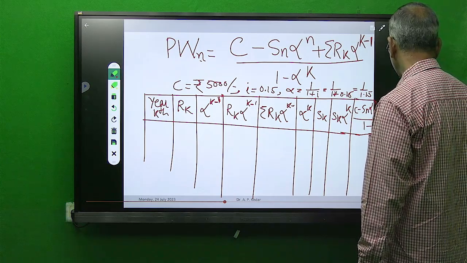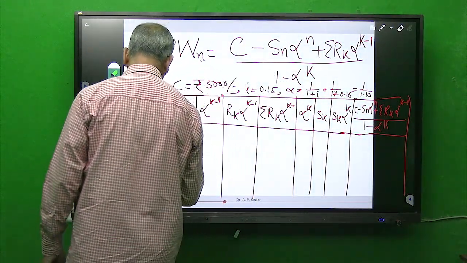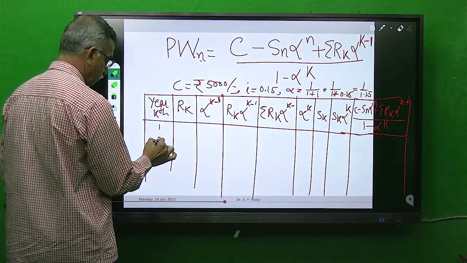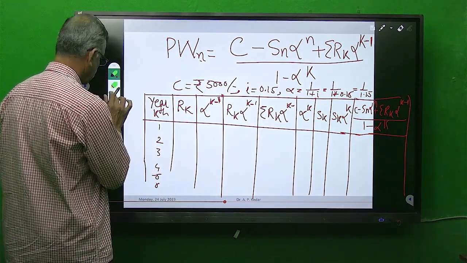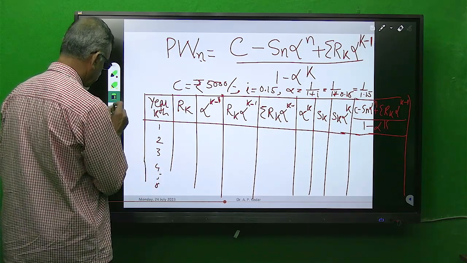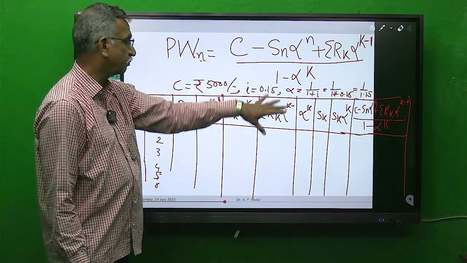So students, if you go by this concept for different years in this problem, 1, 2, 3, 4, 5, 6, for 6 years you have to write this tabular information.